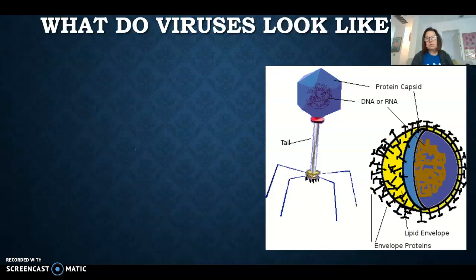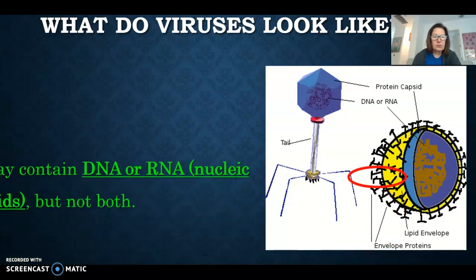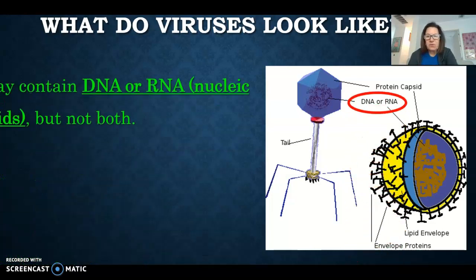Okay, so now we're looking at what they actually look like. So in the first one, you can see there, it looks almost like an alien or something, right? So it has this thing at the very top, that blue looking thing, that's the capsid.